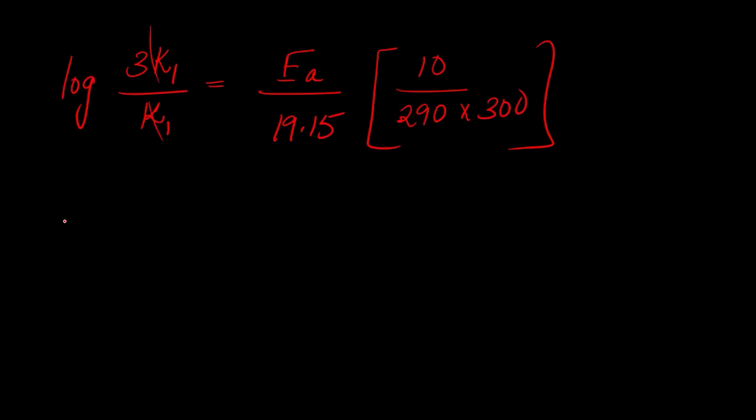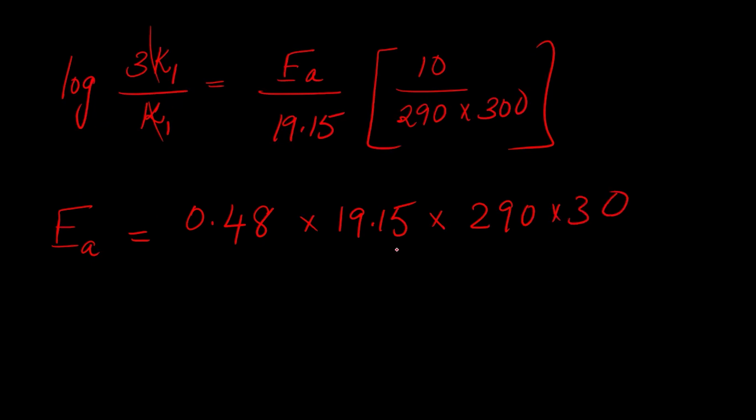Log 3 value is given. So EA is equal to log 3 value, you can substitute here 0.48 times 19.15 times 290 times 300, whole divided by 10. Okay, simple calculation, just multiplication.